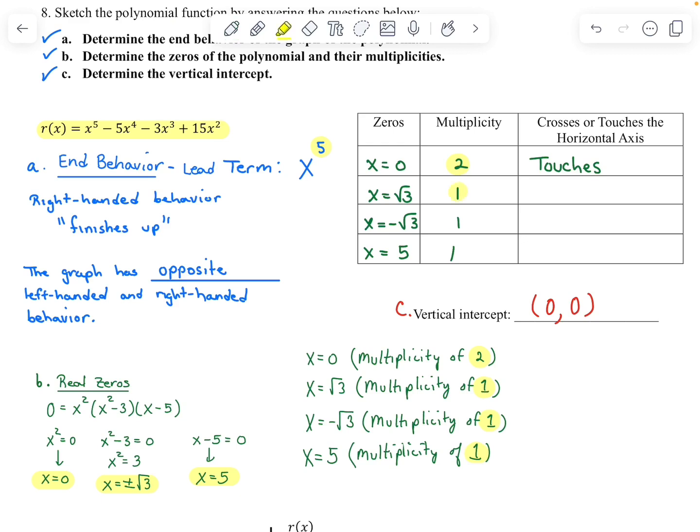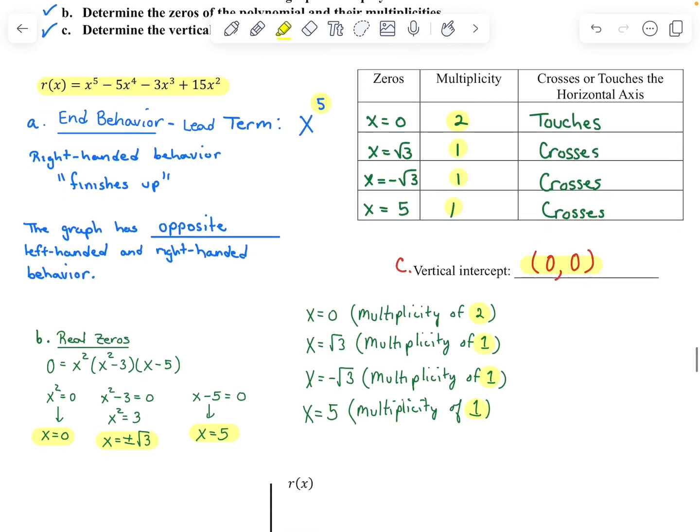The rest of the multiplicities are odd, which means the graph crosses the horizontal axis at each of these zeros. And finally, we also determined the vertical intercept in example 6. It was (0, 0).